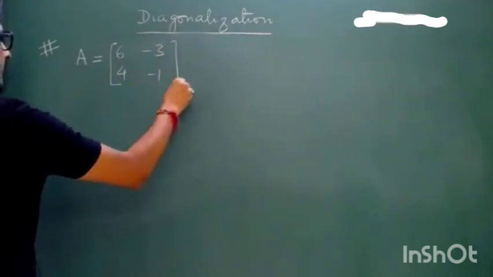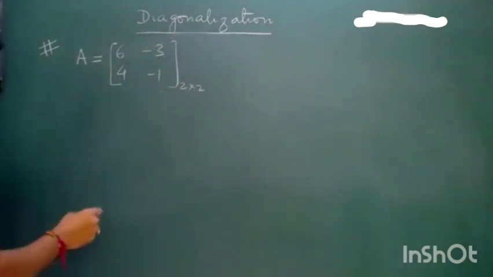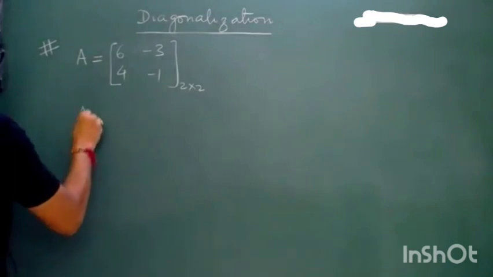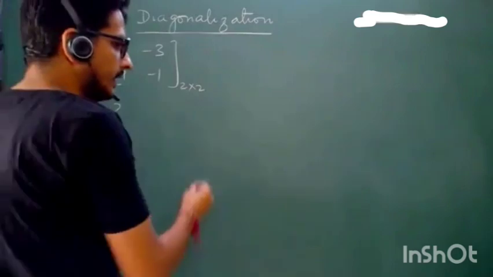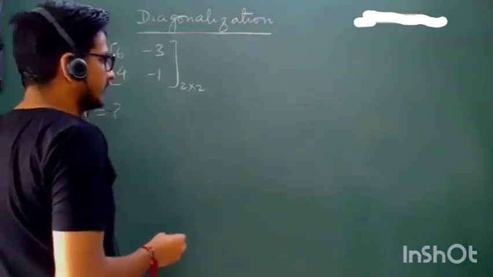Let us understand by using a 2 cross 2 matrix. I want a transformation A cap. So please help me in writing the eigenvalues and then eigenvectors quickly.